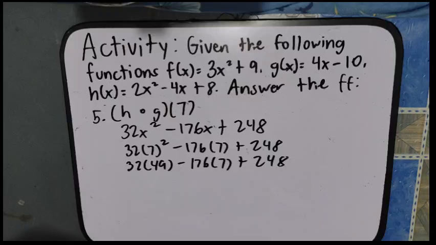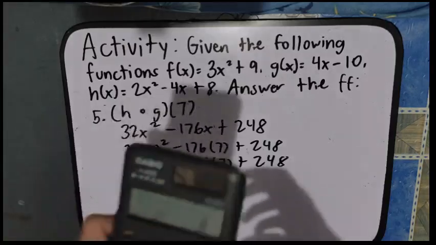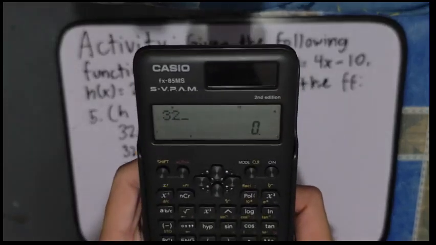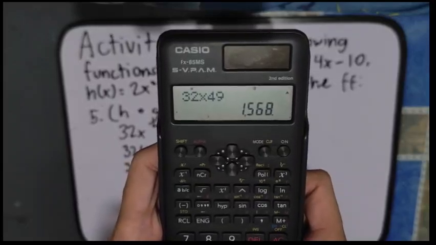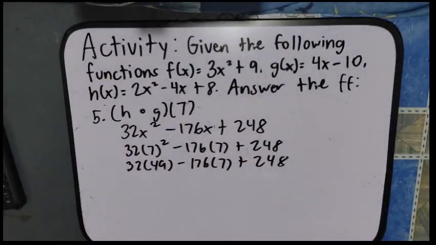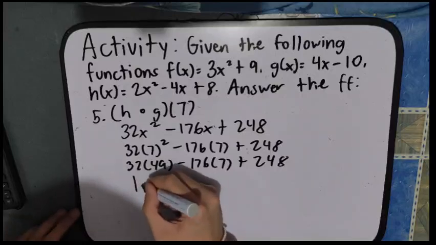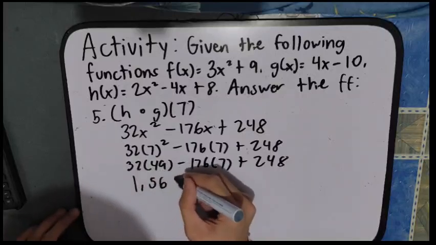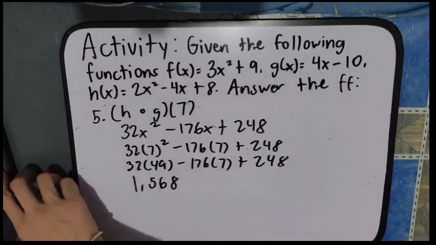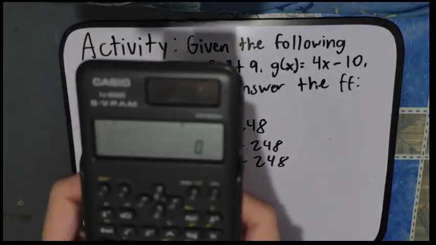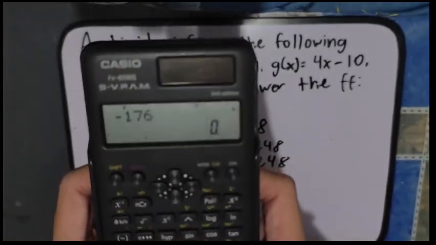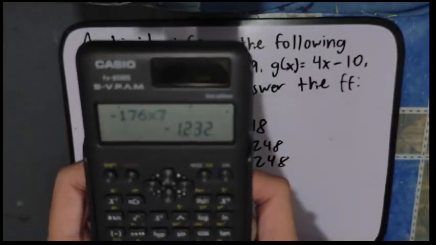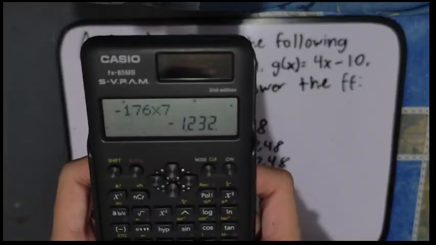Then get your calculator. We will solve 32 times 49. We have the answer of 1568. So put 1568. Then negative 176 times 7, we have negative 1232.